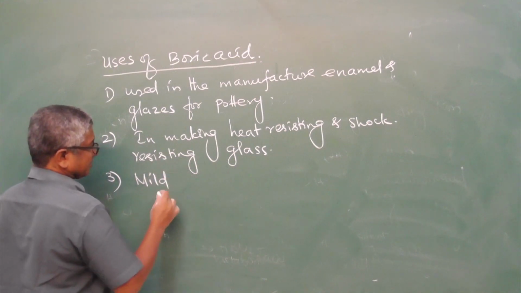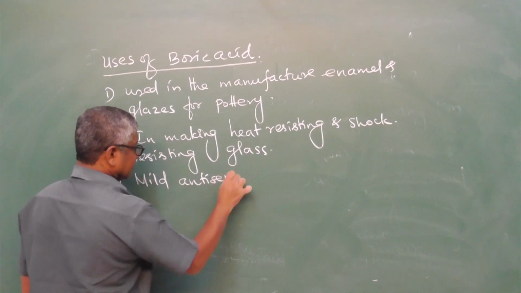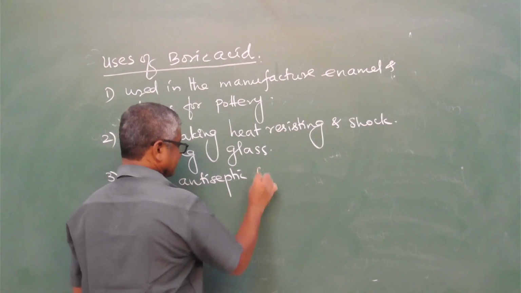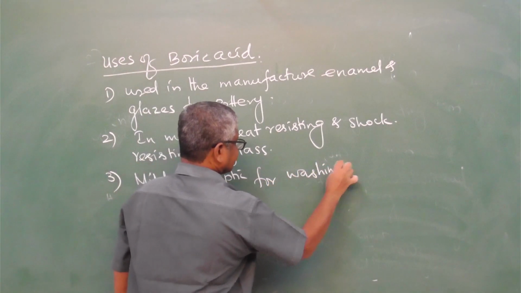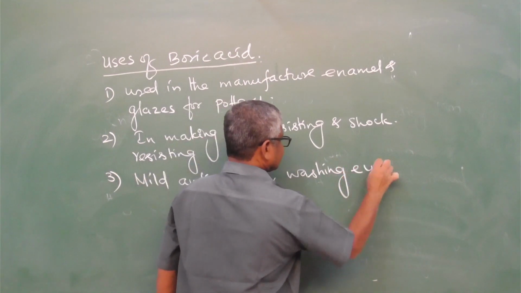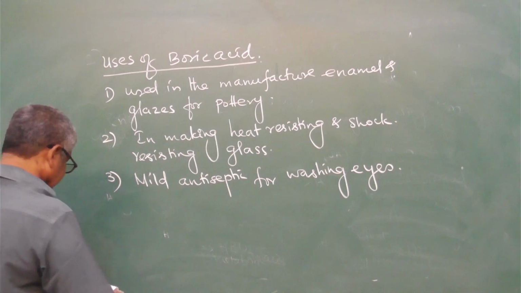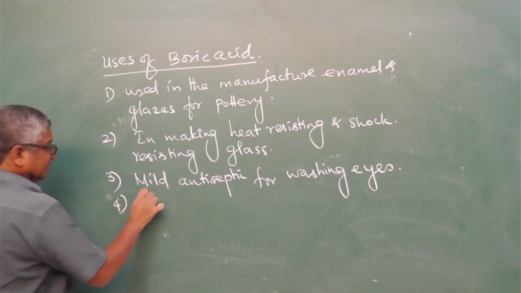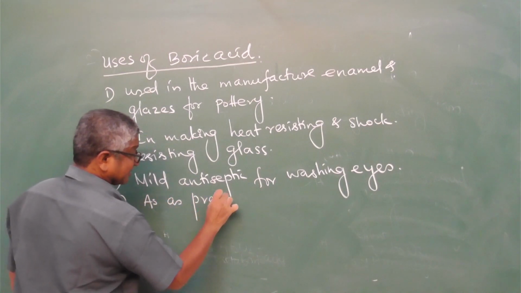An aqueous solution of boric acid is a mild antiseptic for washing eyes. It is used as a preservative for milk and foodstuffs.